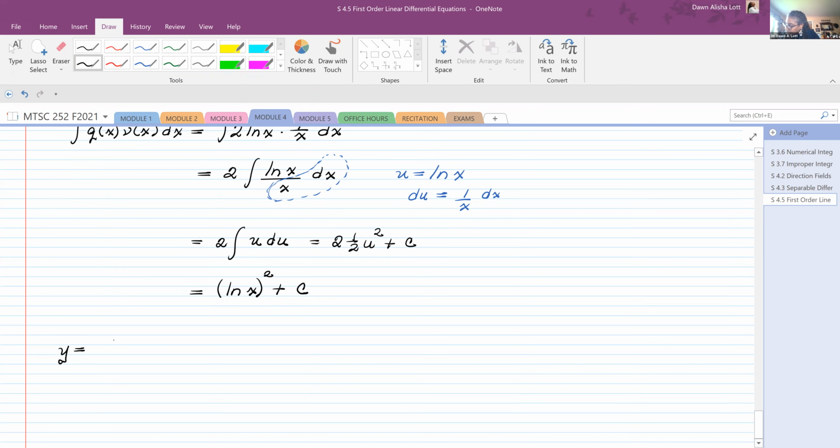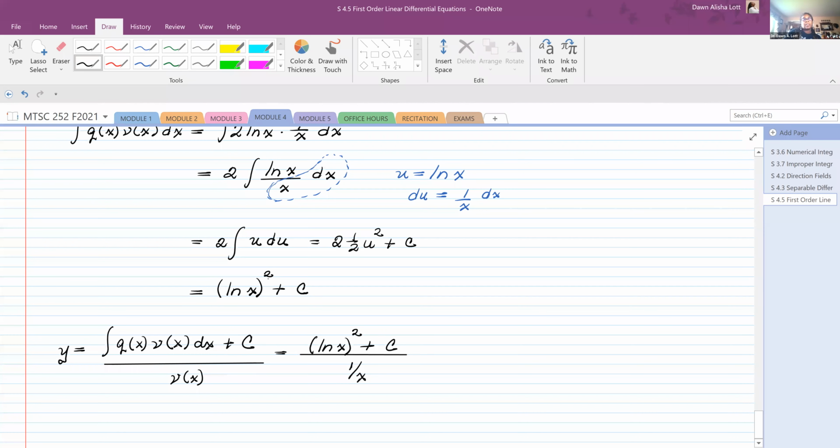y is equal to the integral of q of x times nu of x dx. Don't forget that constant. I need that thing over nu. So I get the natural log of x quantity squared plus c divided by 1 over x.